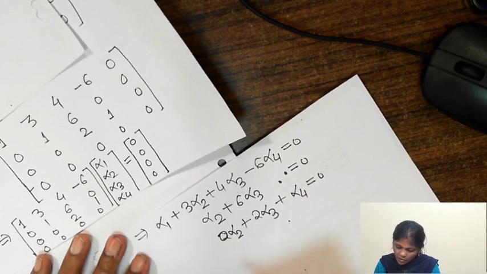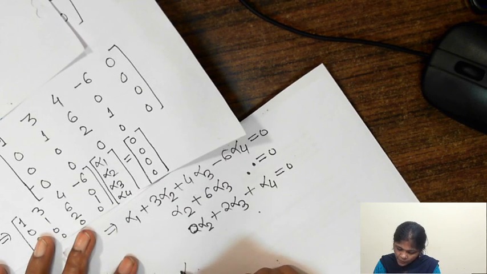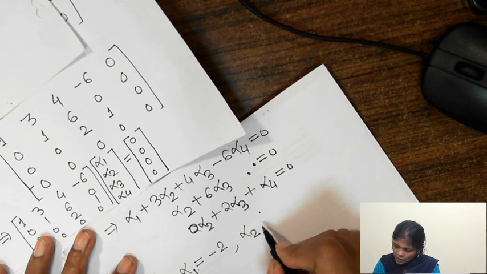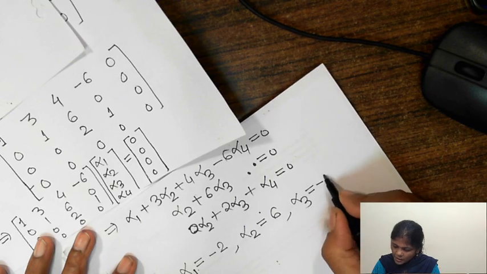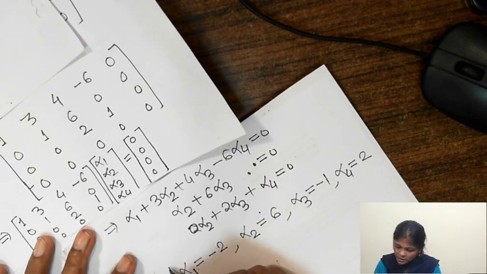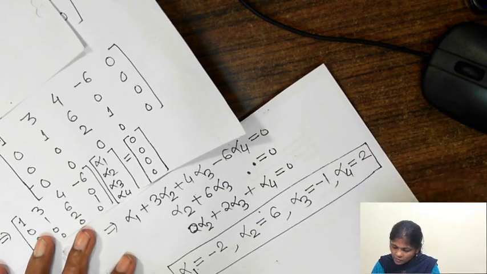Solving this set of equations you will get alpha 1 as minus 2, alpha 2 as 6, alpha 3 as minus 1, and alpha 4 as 2.